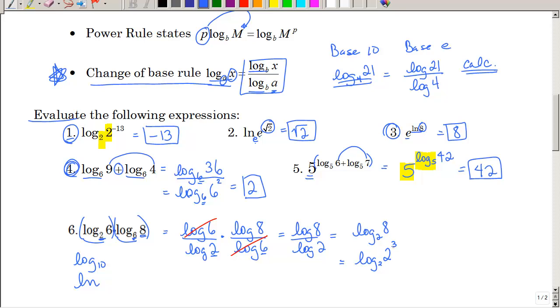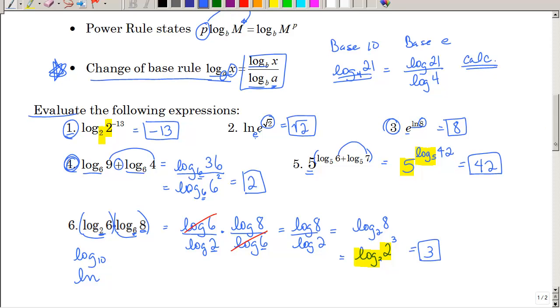Well, that's 2 to the 3rd power. And now we have log base 2 raised to the exponent just equal to the exponent. So lots of different ways you can use those inverse properties, things like that. And we will practice those and apply those more later on when we get to solving equations.